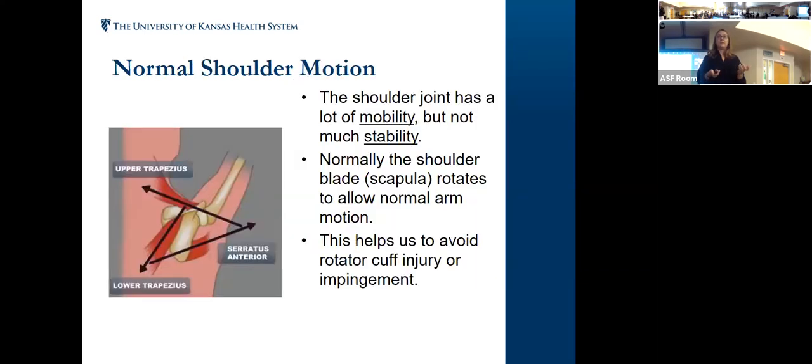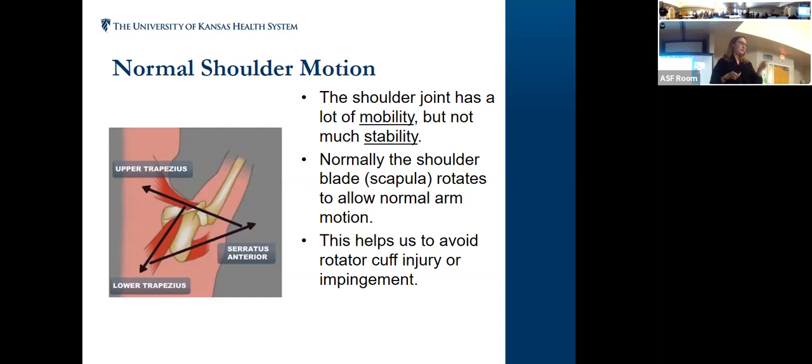So normally, like I mentioned, the shoulder joint has a lot of mobility, meaning you can move all over the place, but there's not a lot of stability in that joint. Normally, the shoulder blade or the scapula rotates and turns. When you lift your arm out to the side, your shoulder blade rotates along with it.